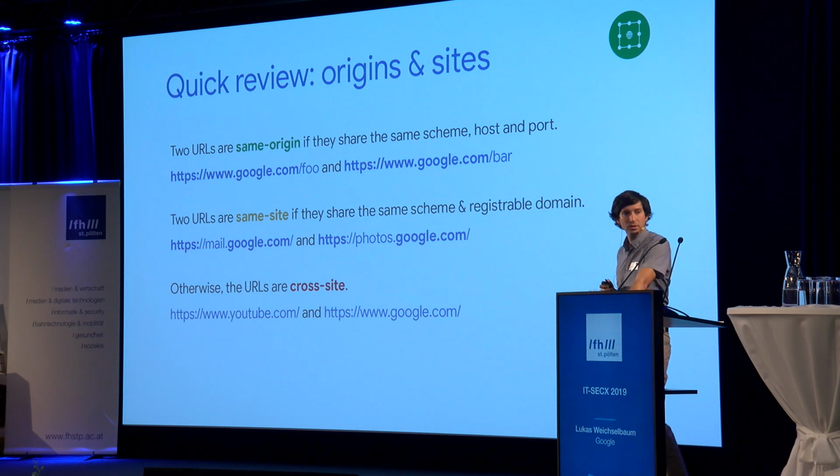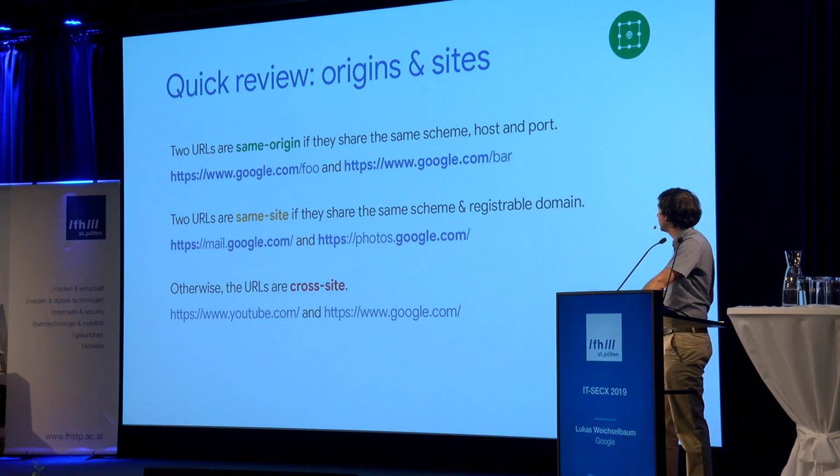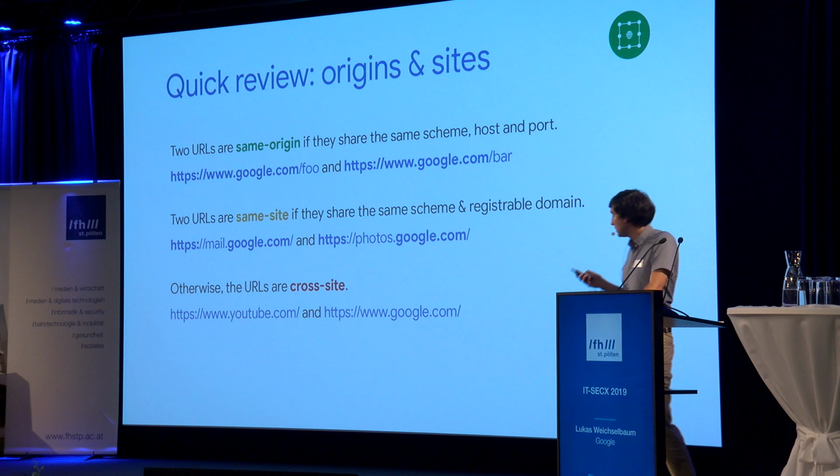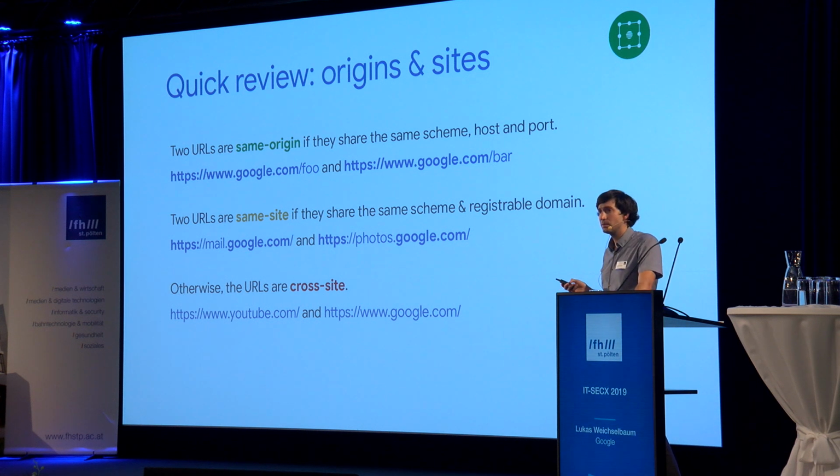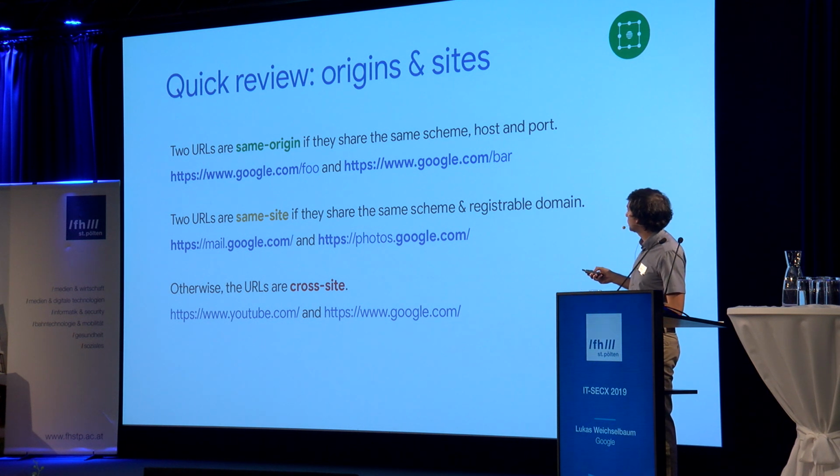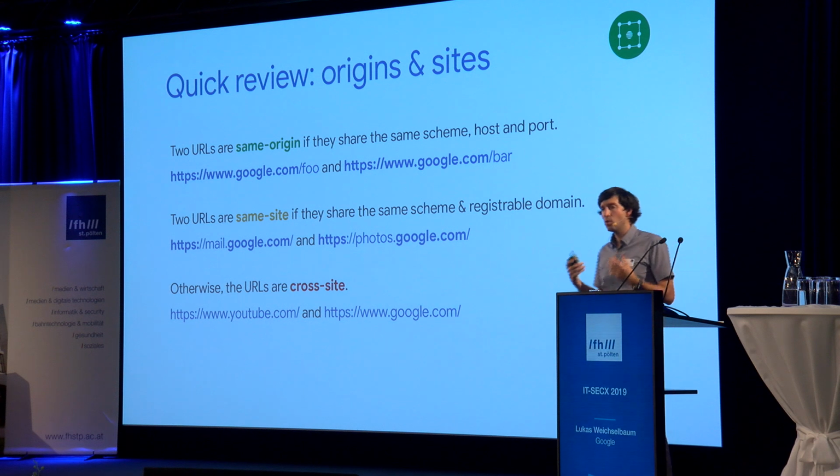So before I start with the first new mechanism, I wanted to do a super quick review of origin and site. I think most people are familiar with the same origin concept. If you have www.google.com and www.google.com/bar, and they have the same scheme, same host, same port, these are considered same origin.